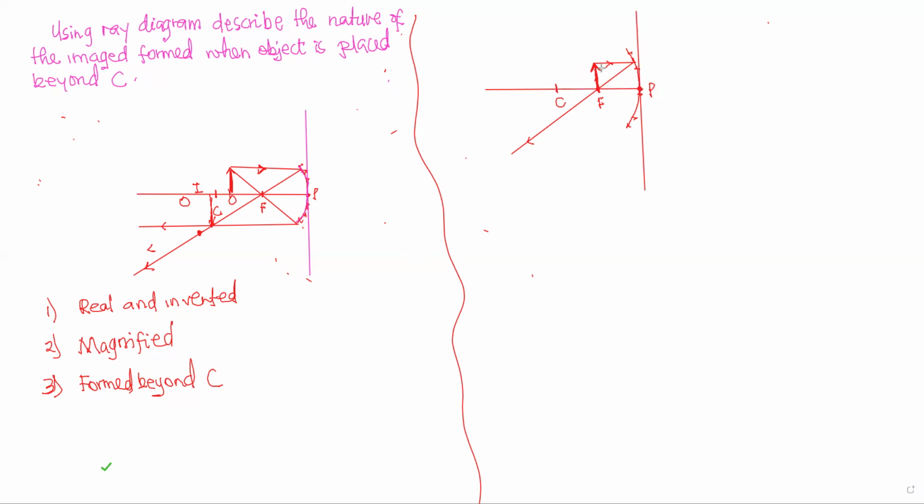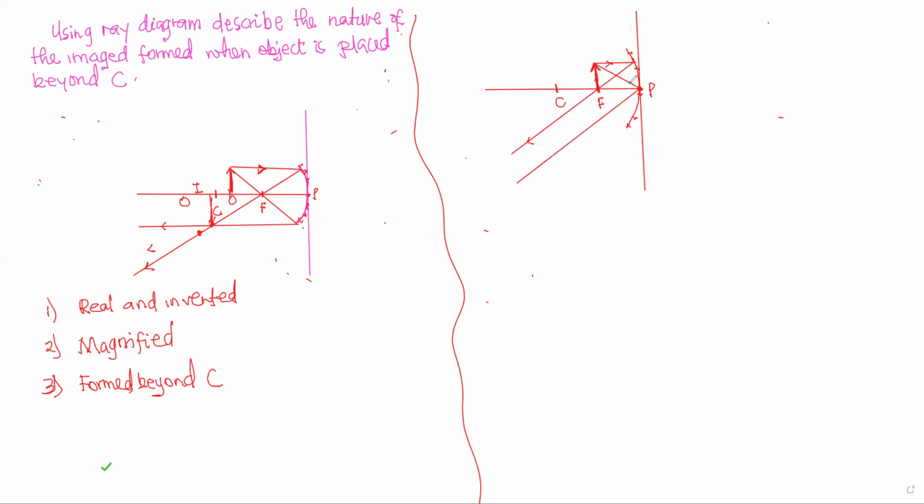So I'll choose a ray of light hitting the mirror at the pole will reflect at the same angle.